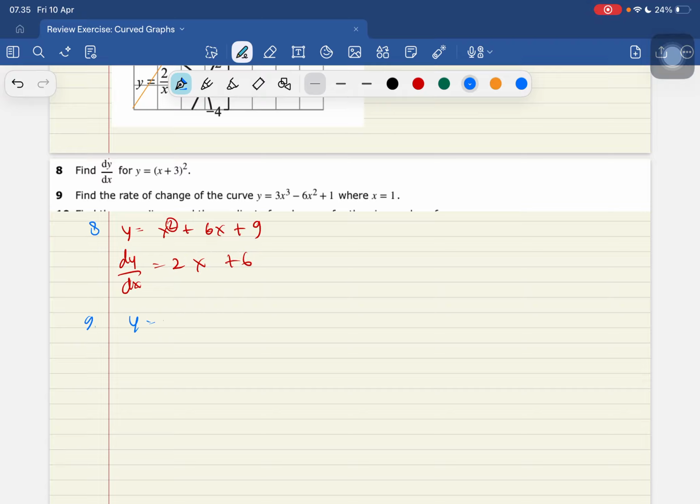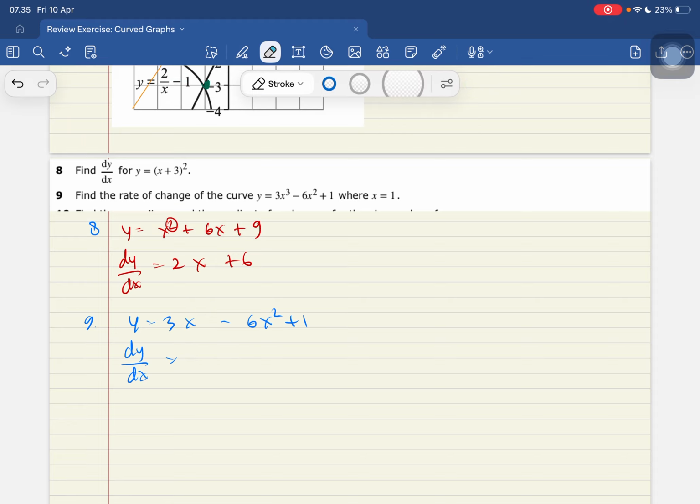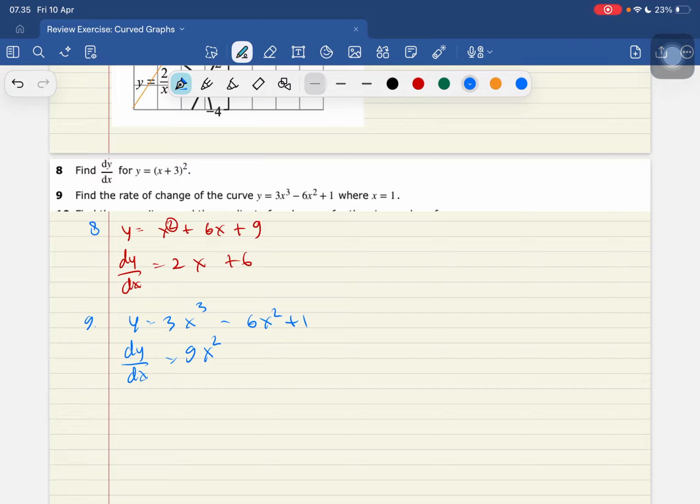Okay, when x equals 1. Next is number 9. So y equals 3x cubed minus 6x squared plus 1. So find dy/dx. 3 times 3 is 9, x squared, minus this is going to be 12x, plus 0.